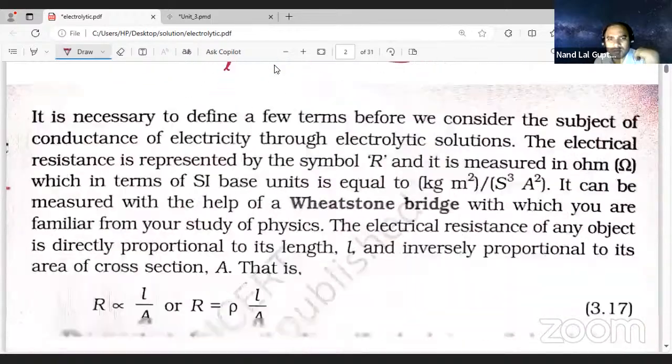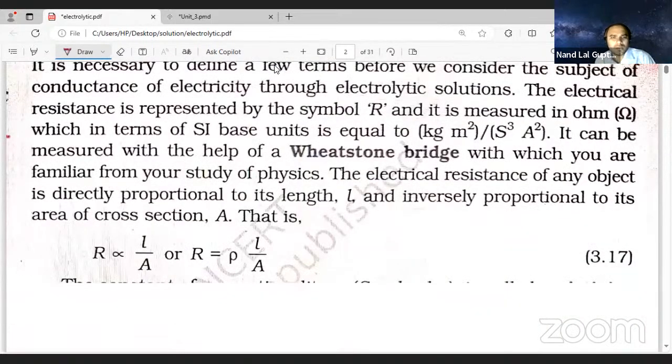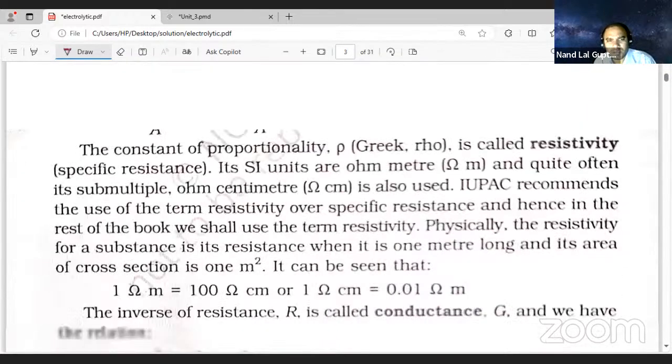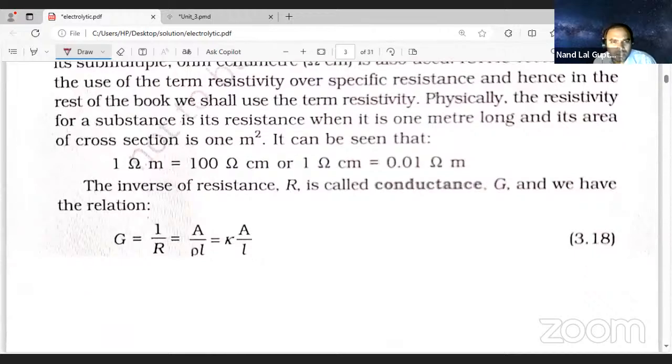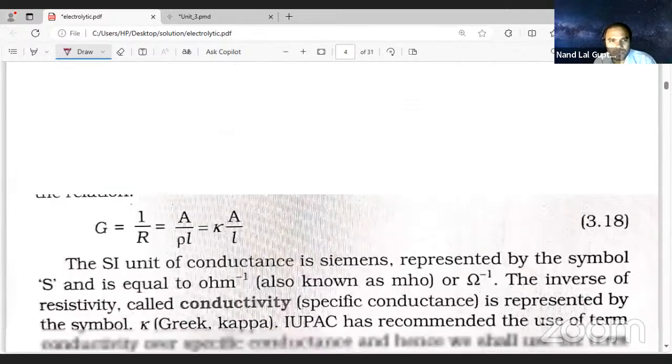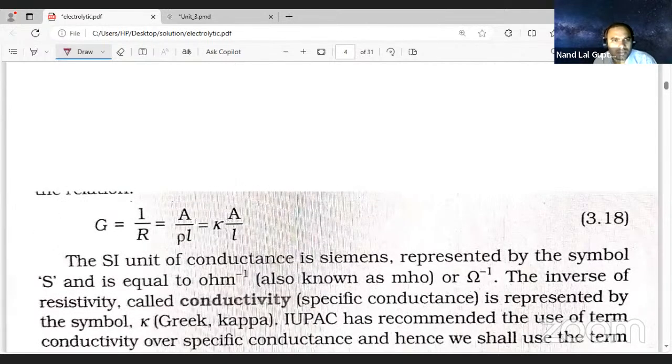Now come here. See, R is equal to rho L by A, that we read. Now the second condition, you see this much also. The K value is not given here.